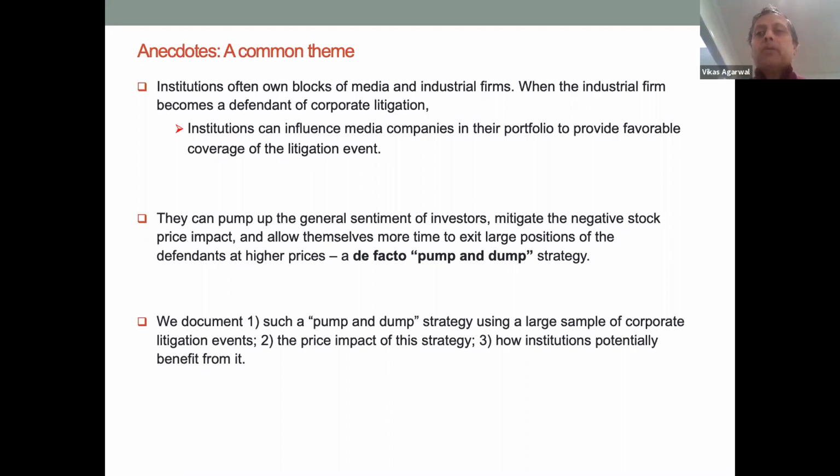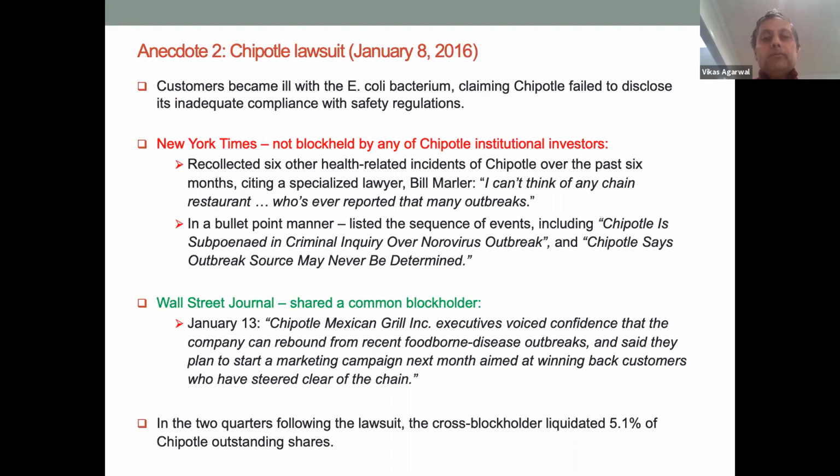So just to go back to your example, if you take either of the two examples that you gave. In this example, the New York Times was not block held by any of the Chipotle institutional investors.